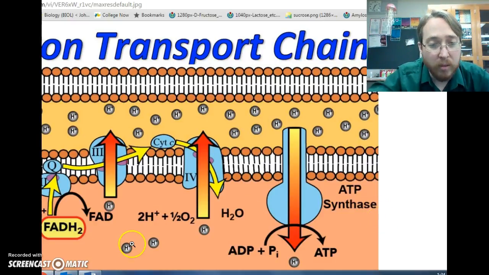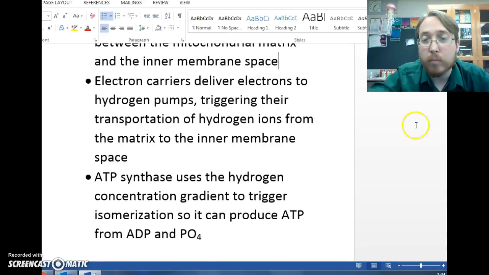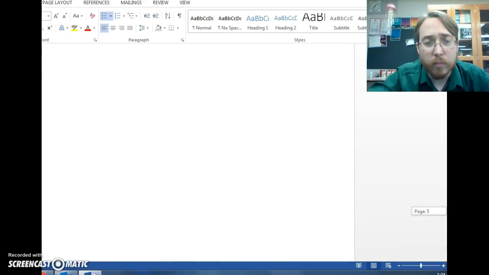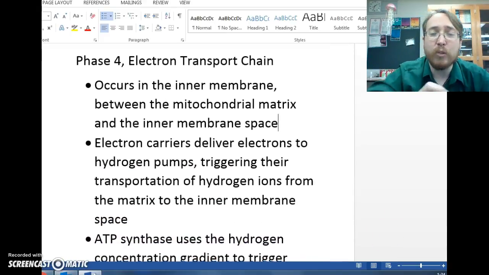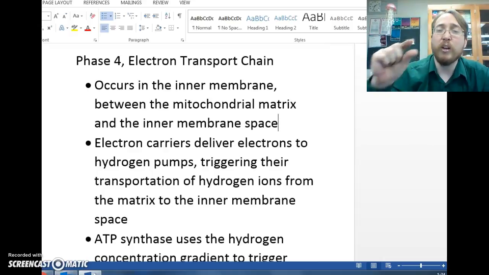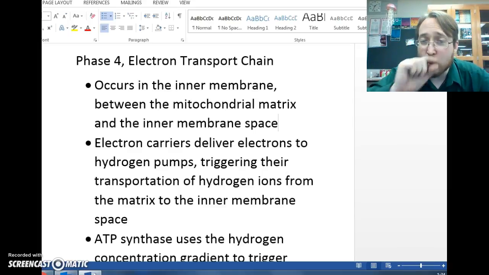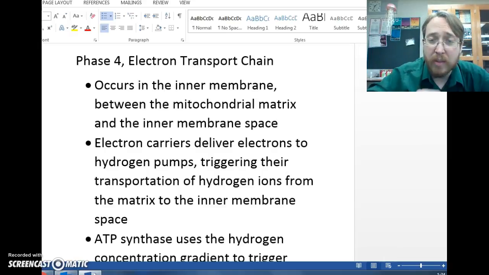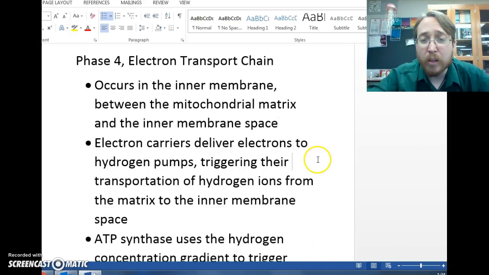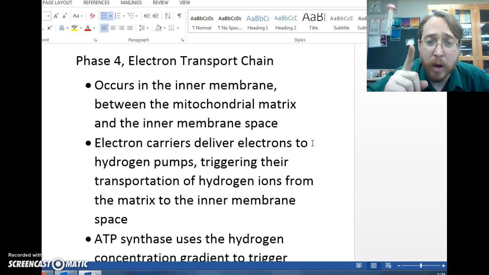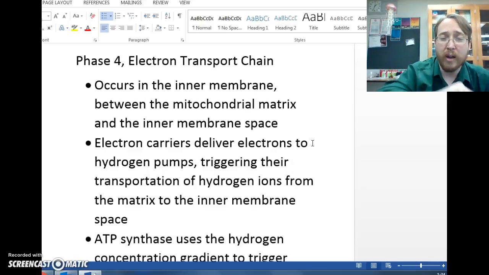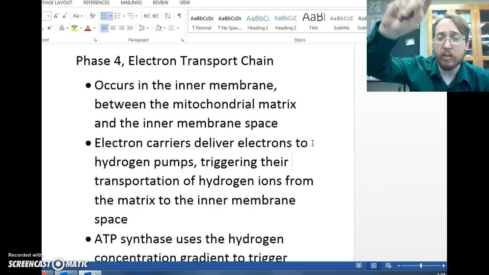So let's summarize. The electron transport chain occurs in the inner membrane. It's got a lot of membrane-embedded proteins, a lot of this fluid mosaic stuff going on. It's between the mitochondrial matrix and the inner membrane space. The electron carriers that we've been charging with electrons through this whole process finally deliver their electrons to hydrogen pumps, triggering their transportation of hydrogen ions from the matrix to the inner membrane space.